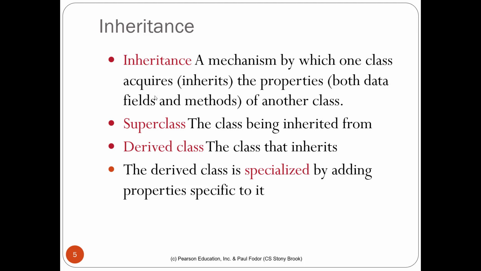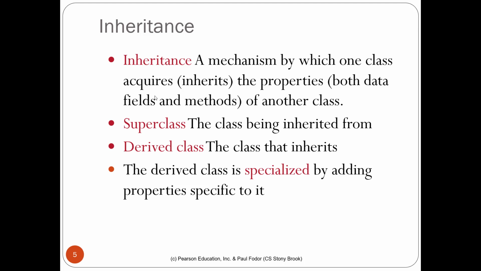The class that inherits the property is called the child class, and the class from which we inherit the properties is called the parent class. So in inheritance we have the notion of parent class as well as child class. The child class will inherit the properties from the parent class.